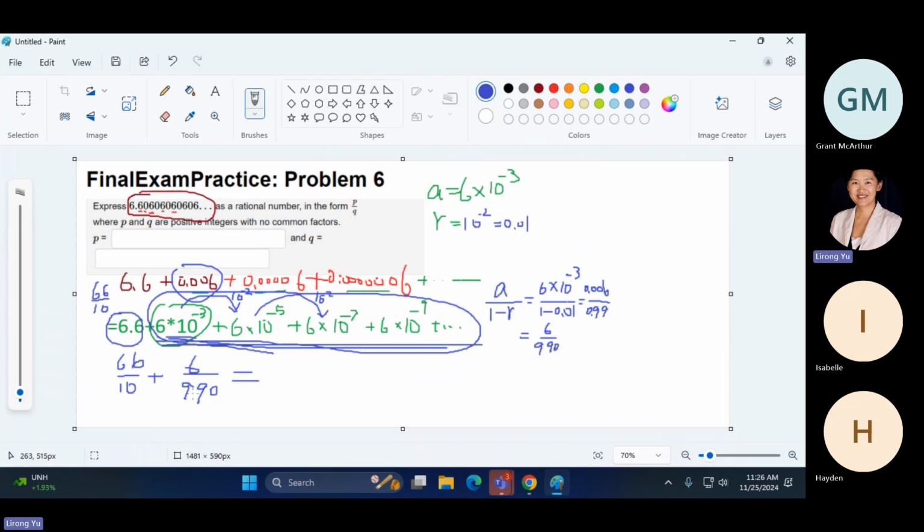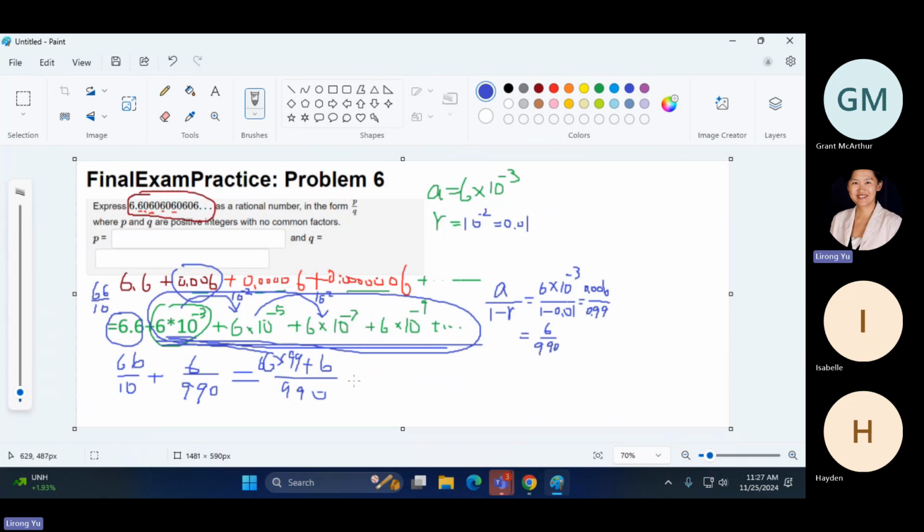You find a common denominator. Maybe we can simplify them before we find the common denominator. 990 can be the common denominator. So the numerator will be, this will just be 6, and that one you have to multiply by 99. That's 66 times 99. That will be the fraction.